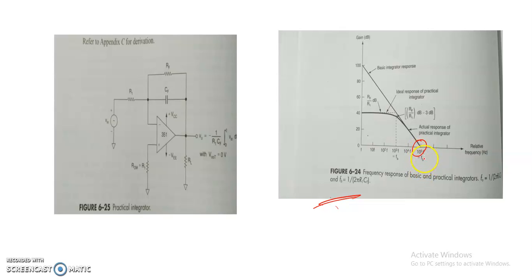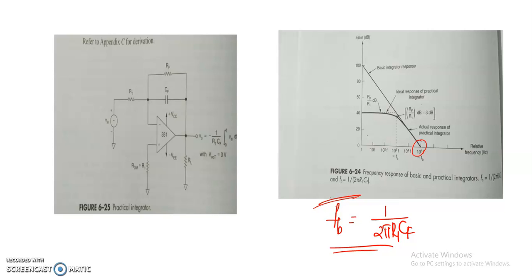So we can define a frequency FB as the frequency at which the gain in decibel is 0. We can obtain an expression for that frequency as FB equal to 1 by 2 pi R1 CF. At present we have no need to derive this expression, just an equation for this frequency.